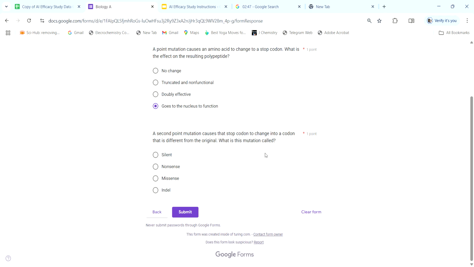A second point mutation causes that stop codon to change into a codon that is different from the original. What is this mutation called? Silent, nonsense, missense, intel. So I think it will be missense.